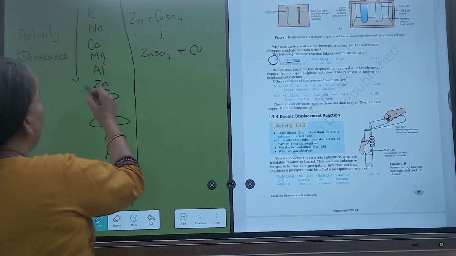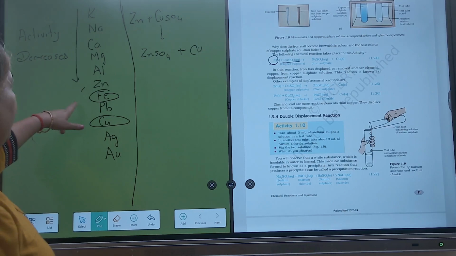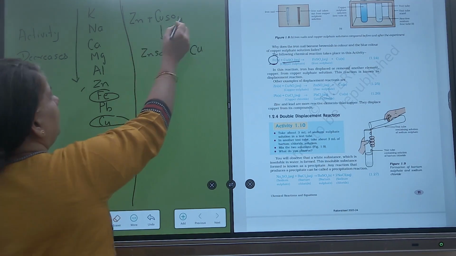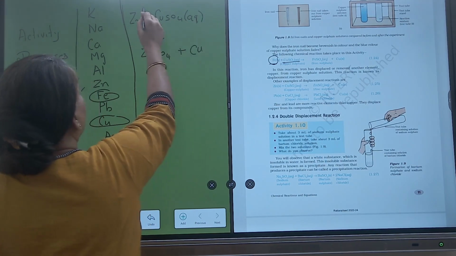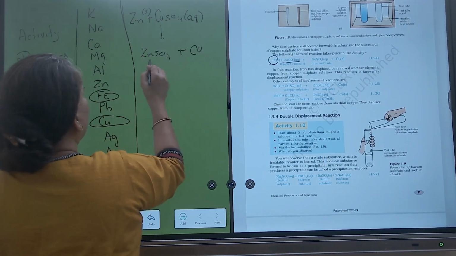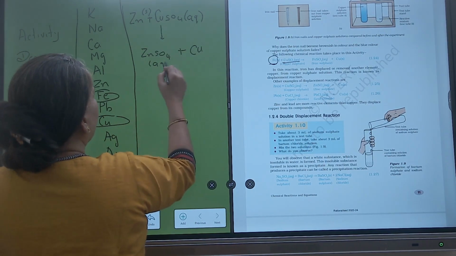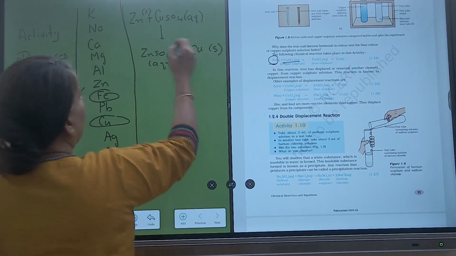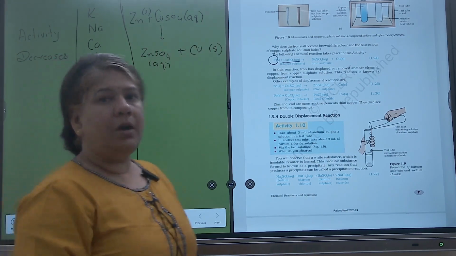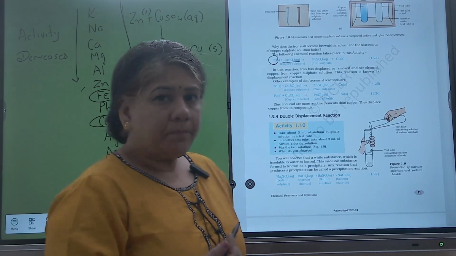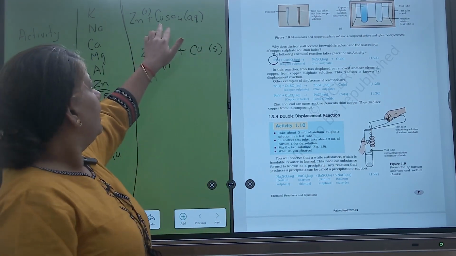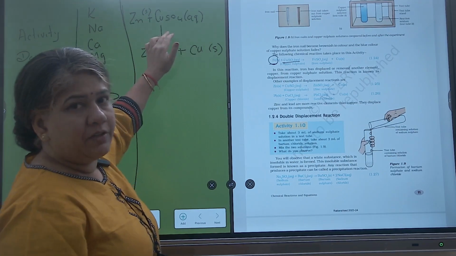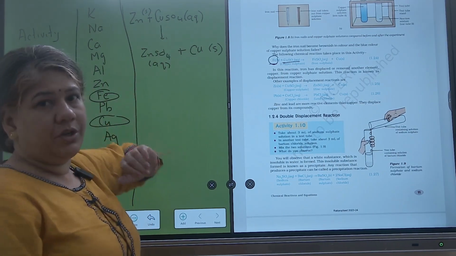Again, zinc is above copper in the activity series, hence it will replace copper from its salt solution. This is solid, this is aqueous, and this is solid. So whichever metal is above in the activity series will replace the metal which is lower in the activity series from its salt solution.